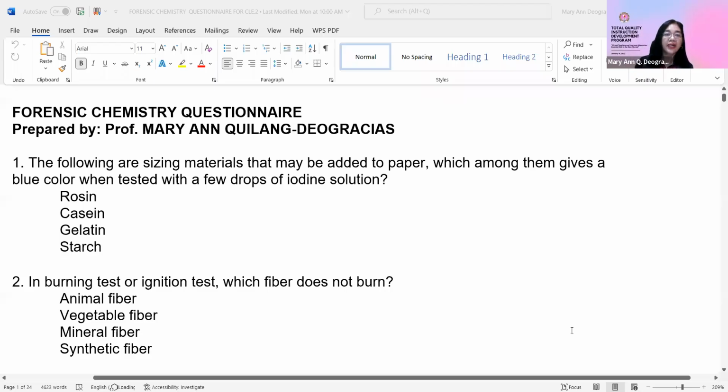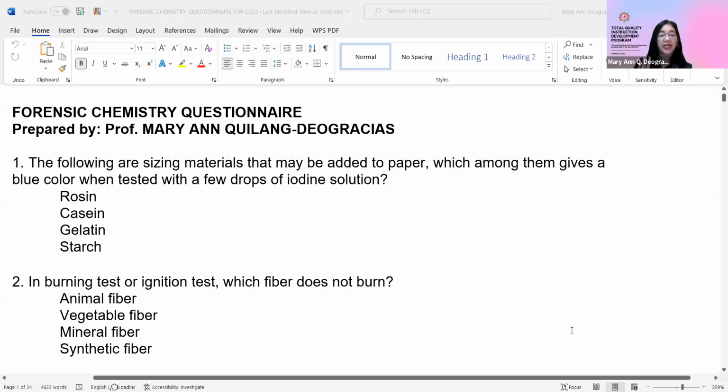So number one: the following are sizing materials that may be added to paper. Which among them gives a blue color when tested with a few drops of iodine solution? These are the possible sizing materials which are added to paper.